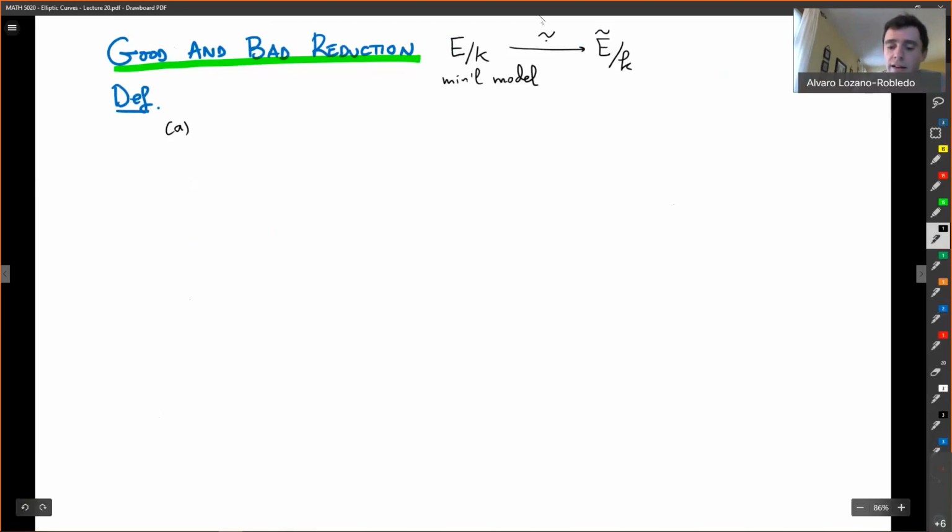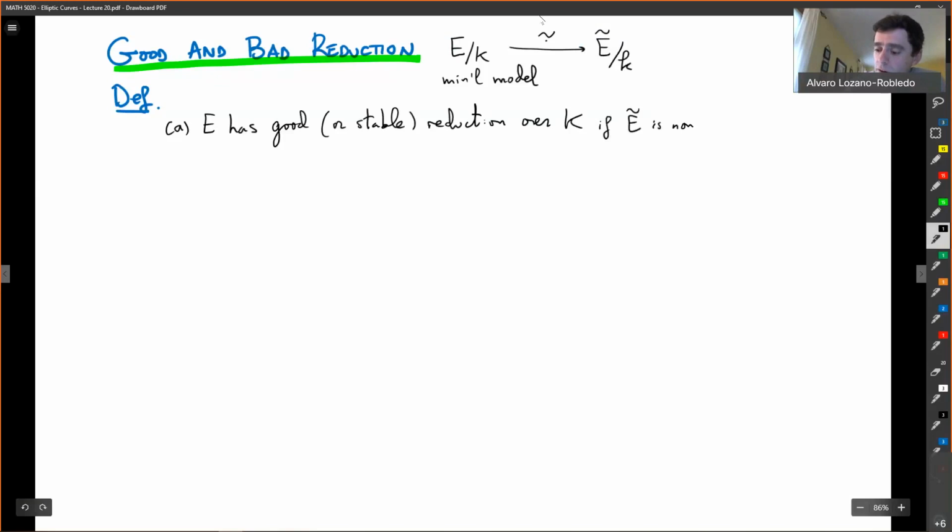First, we say that E has good, or stable, reduction over K if E twiddle is non-singular, so it is an elliptic curve itself. We'll explain the meaning of stable in a moment.